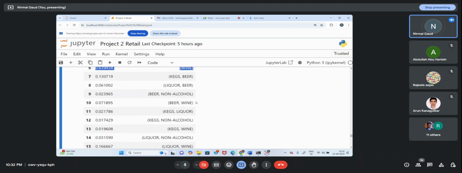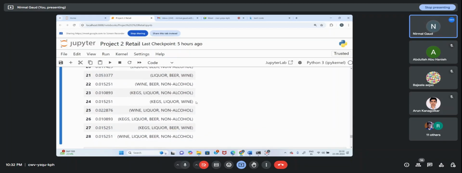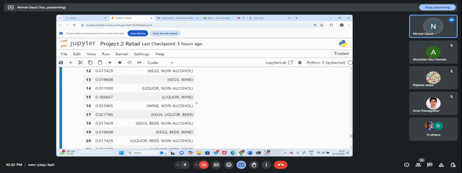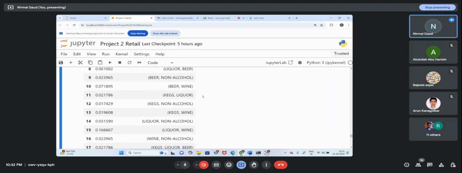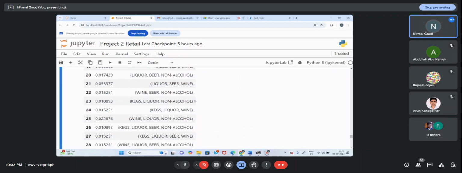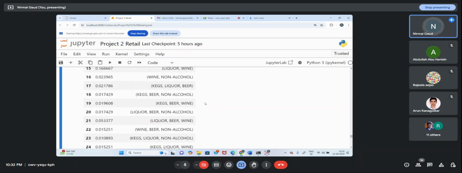The data is related to such kinds of products only, so wine is supplied the most. We have other combinations also, with very low support values, but yes, they are present. So these are the frequent item sets.